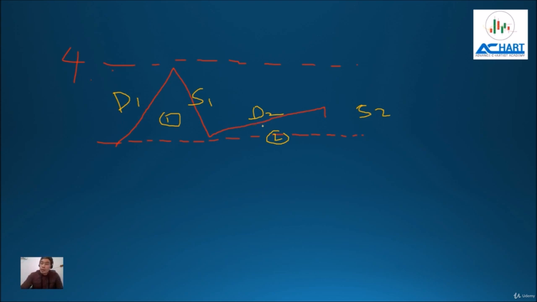When we talk about power analysis, this has power to move up, because if we compare the demand line to the seller, this buyer is more aggressive than the seller. Hence after it tries to retrace back, it has a high chance to go higher than the previous high, because it has power.